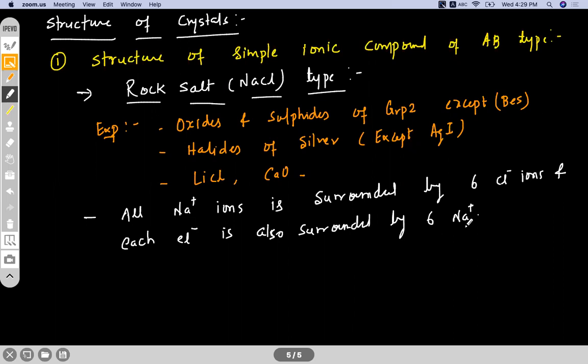That's why the coordination number for each ion is 6 over here. Write down, the coordination number of each ion is 6 over here.